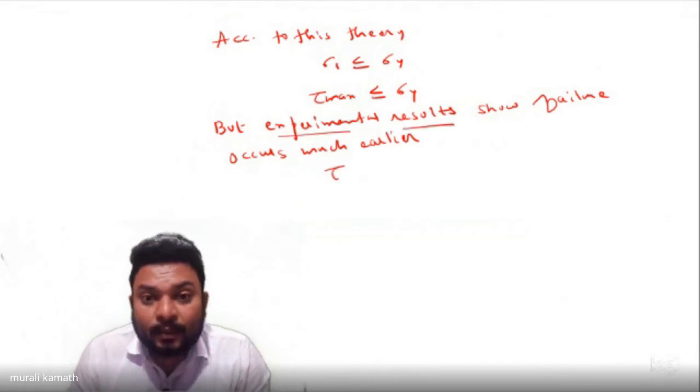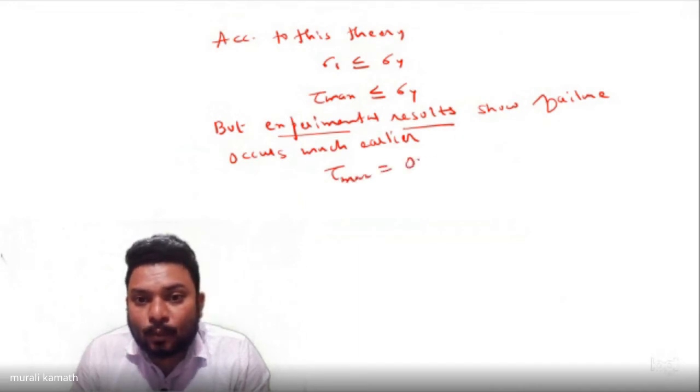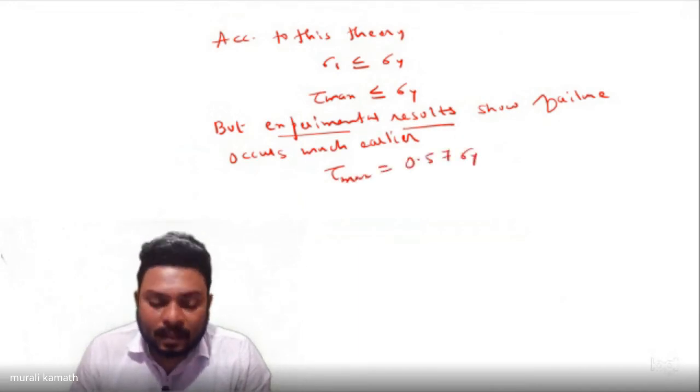So that will be tau max equal to 0.57 of sigma y.